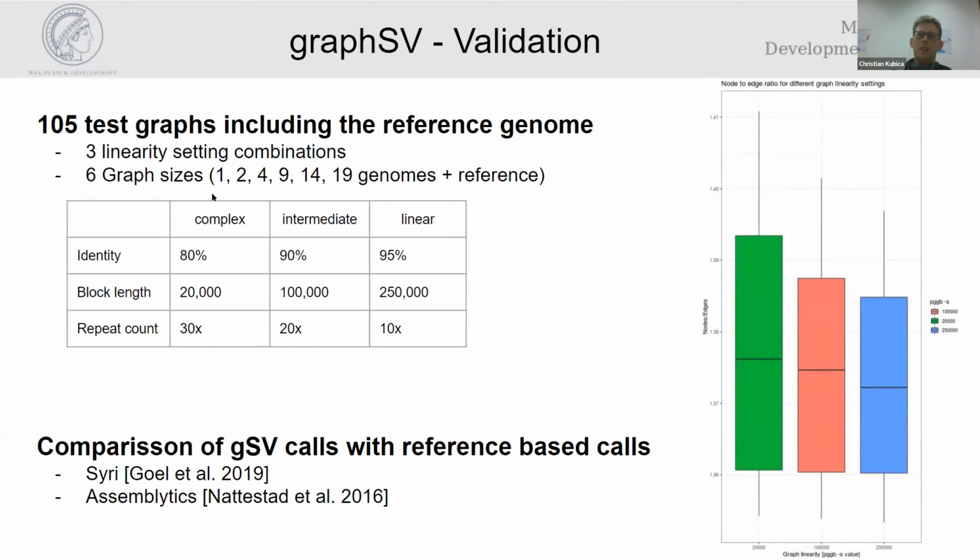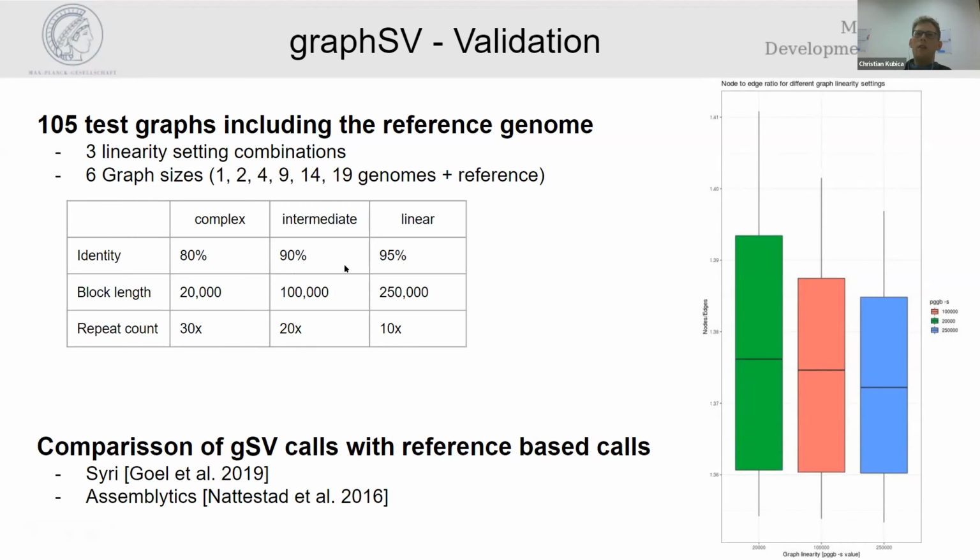And the linearity is either a complex graph where we allow for a lot of repeats, so a lot of retraversals of a node by the same path with a lower sequence identity for the alignment and a low block length for the alignment, meaning we are able to compress more sequence in smaller nodes.